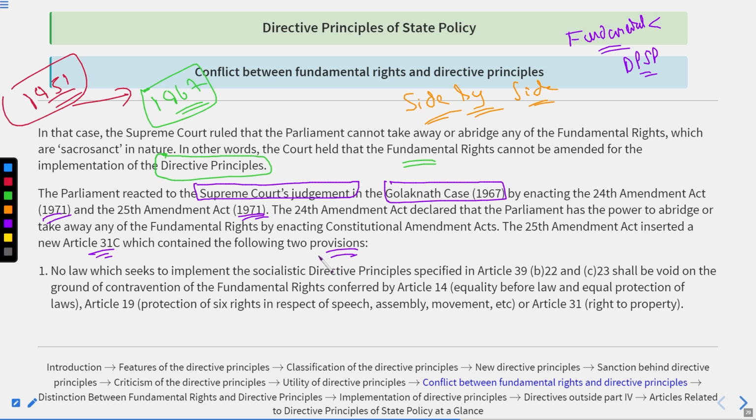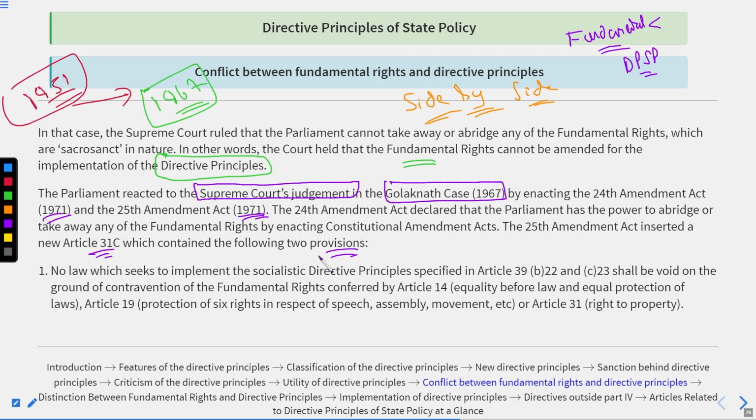The Supreme Court said the Parliament could not abridge or take away any fundamental rights in implementing any DPSP. But the Parliament said that we have made an amendment through the 24th Amendment Act, and this amendment empowers the Parliament to abridge or take away any fundamental rights by enacting any Constitutional Amendment Act. Thereafter, the 25th Amendment Act inserted a new Article 31C, which has the two following provisions.